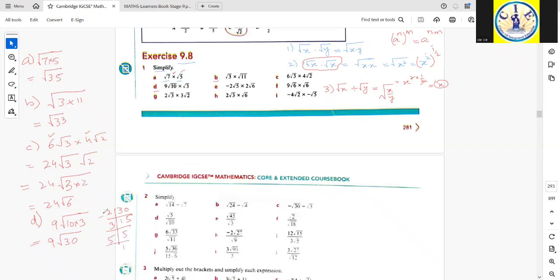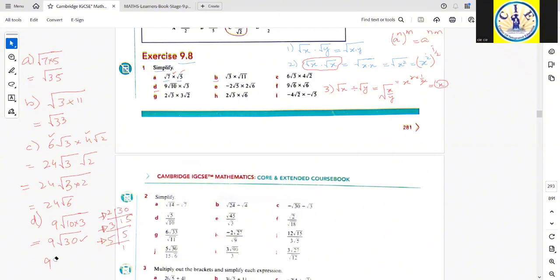You see, neither 2 nor 3 nor even 5 is occurring as a pair. All of these prime numbers 2, 3 and 5 are occurring once, so there is no point to write this as radical 2 times radical 3 times radical 5. So it's better to write it like this, so that gives us the final answer, 9 times radical 30.